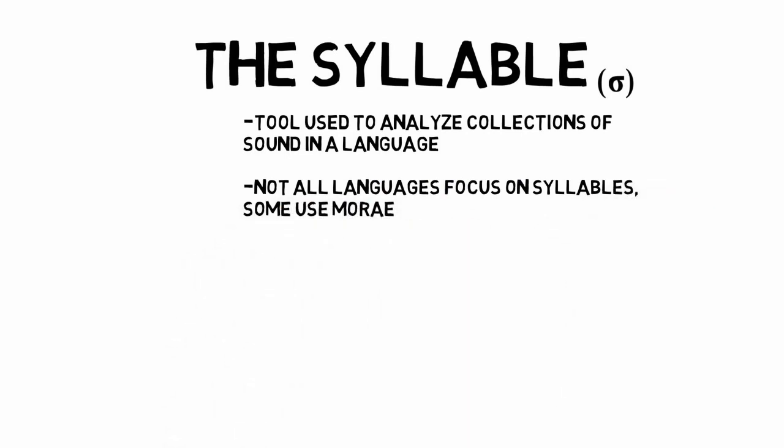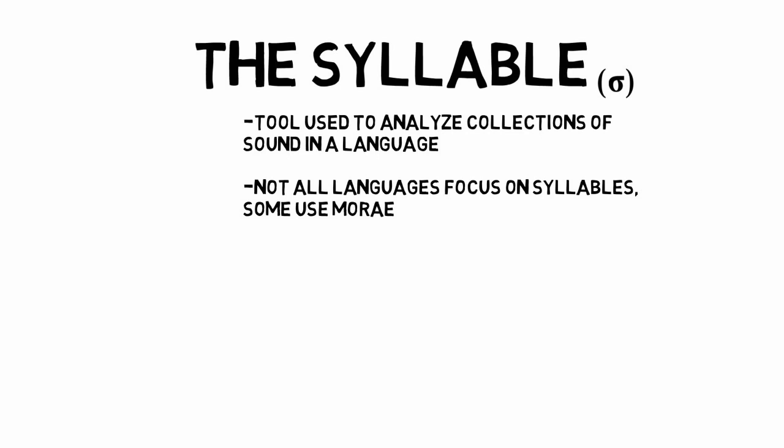A syllable can be a useful tool to help explain why certain sound sequences are allowed, or why stress occurs in some places but not others. Syllables are tools that can be used for every language, although some languages make use of alternative tools, such as morae. We're not going to talk a whole lot about morae, but they're an alternative unit of sound.